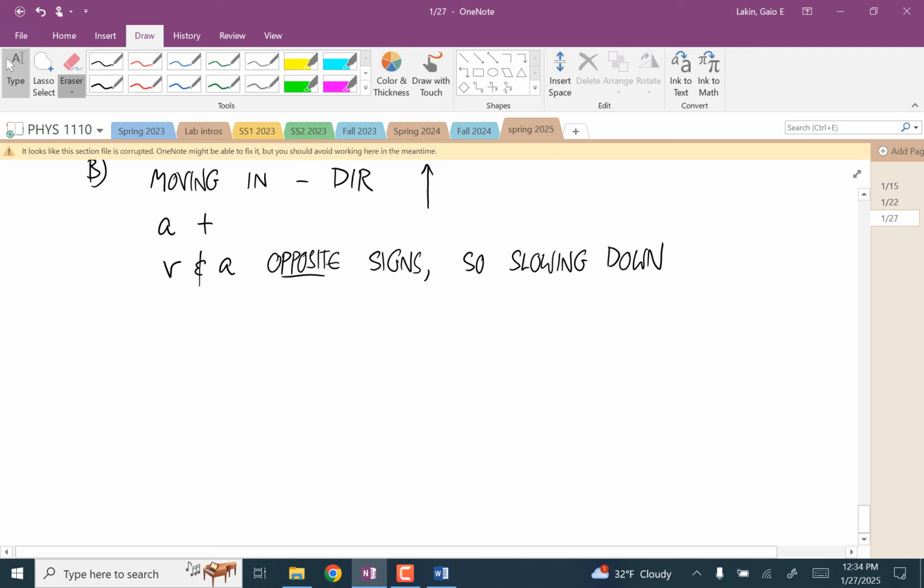Well, so now we're finally going to talk about some calculations we can do. Now I'm going to introduce the constant acceleration equations. So we're going to be using these equations that are true whenever the acceleration is constant.